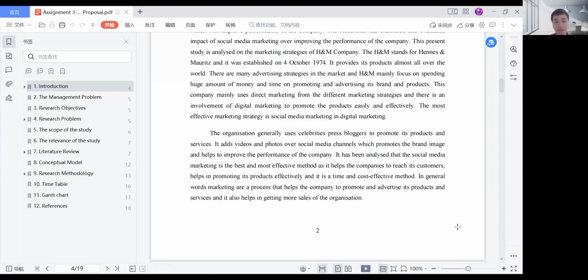It has been analyzed that social media marketing is the best and most effective method, and it helps companies to research their customers, helps in promoting their product effectively, and is a time and cost effective method.